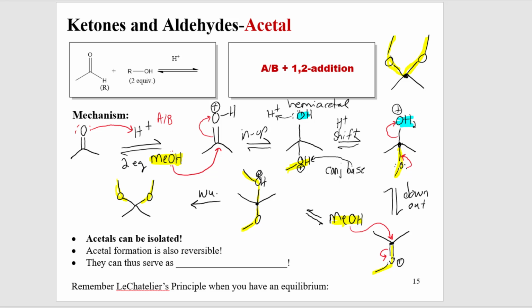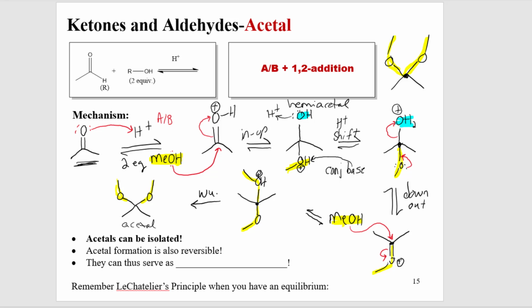So overall, what we've done is we've converted a carbonyl, like a ketone, into an acetal. And in doing so, we have stripped the carbonyl of its strong vector polarity, rendering it into a much less reactive acetal species.